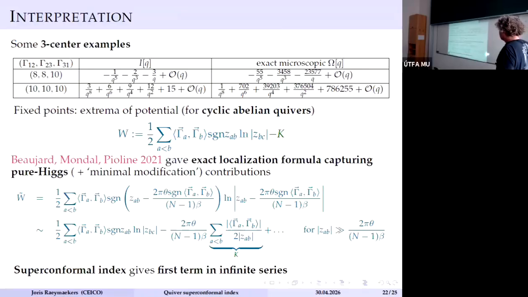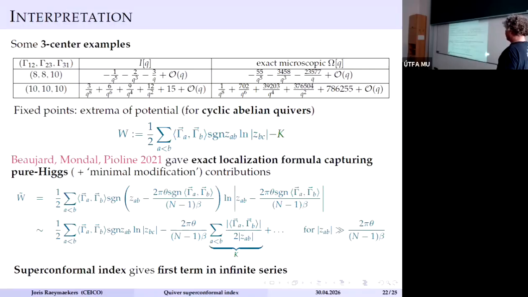What I want to say is that our superconformal index does have poles, so it does seem to have contributions from these pure Higgs-like states. On the other hand, it doesn't capture all of them, not nearly. You could look at the exact microscopic result for the Witten index, and you find that it has the same powers, but there are many, many more states that you can see here.